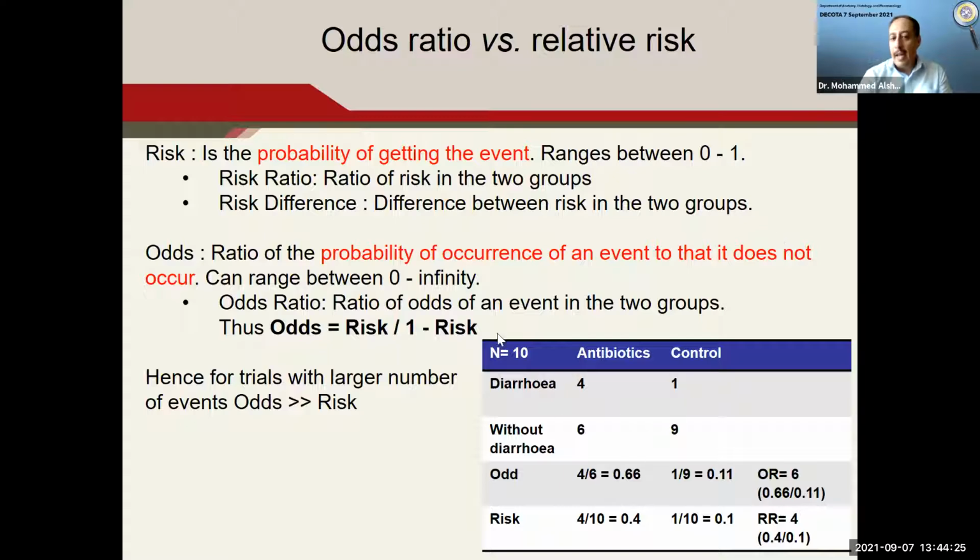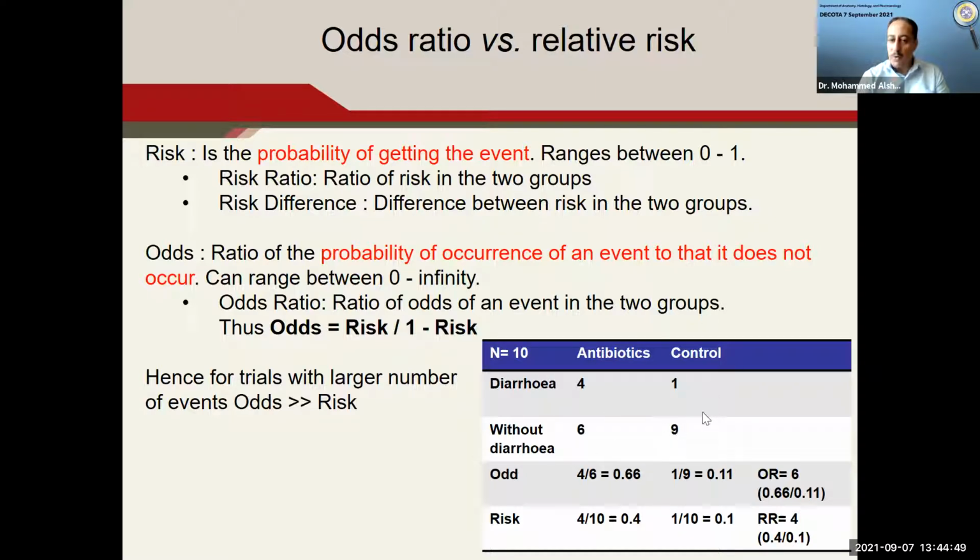Okay, now for you to understand what does it mean, the odds ratio or relative risk. Can you imagine this study, they study the association of diarrhea with the antibiotic. So in the intervention group, how many participants they have? 10.